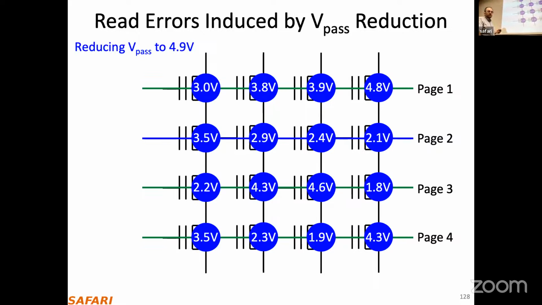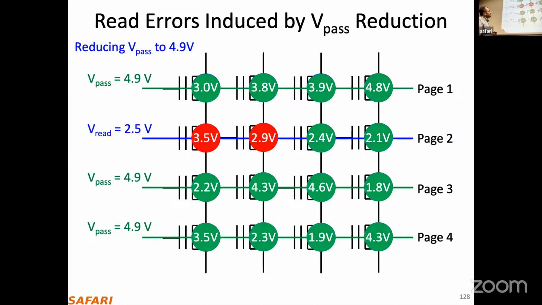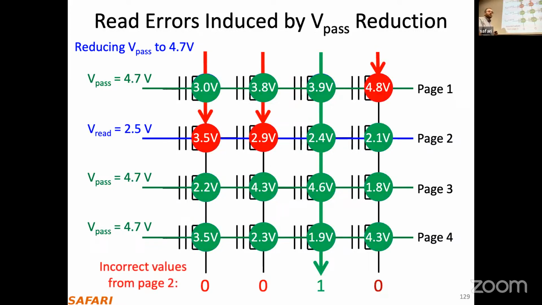So for example, initially VPass was 5 volt. If we reduce VPass, for example, to 4.9, you will see that it's okay, nothing will happen. But when we reduce it more, to 4.7, you will see that the red flash cell is not going to act as a closed switch.